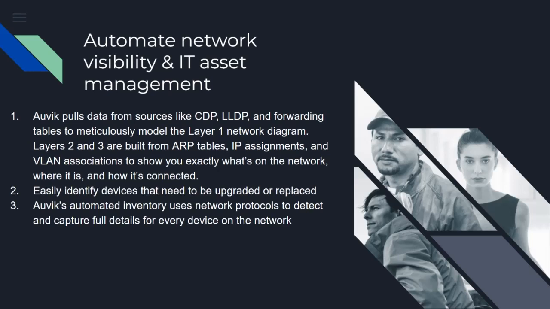Alvik pulls data from sources like CDP, LLDP, and forwarding tables to meticulously model the layer 1, layer 2, and layer 3 network diagram, built from ARP table, IP assignment, and VLAN association to show you exactly what's on the network, where it is, and how it's connected, and easily identify devices that need to be upgraded or replaced. Alvik automates inventory, using network protocols to detect and capture full details for every device on the network.